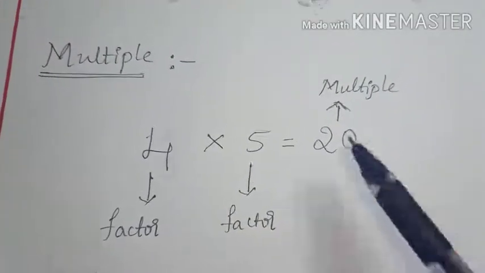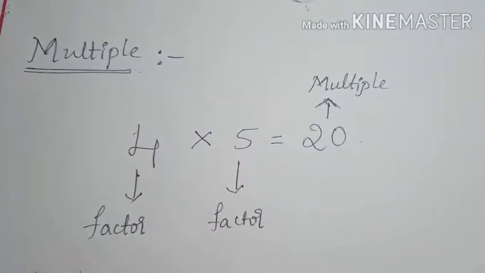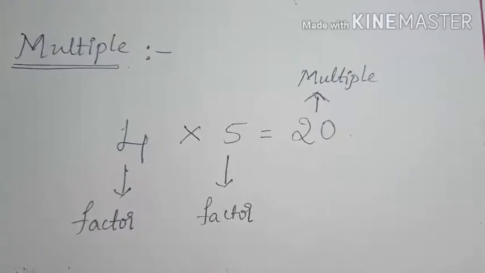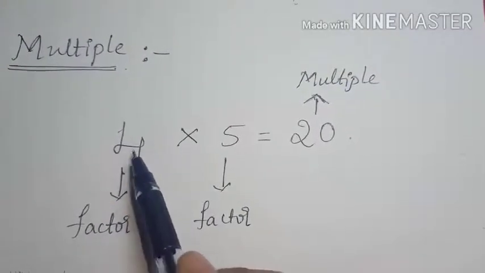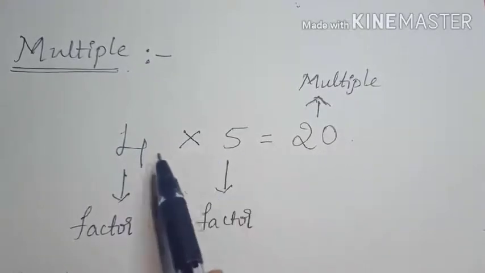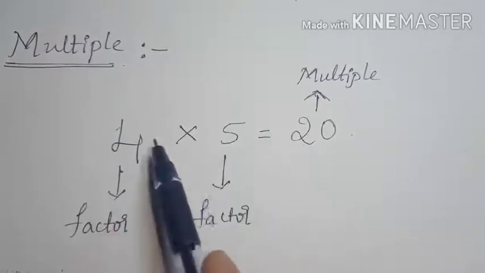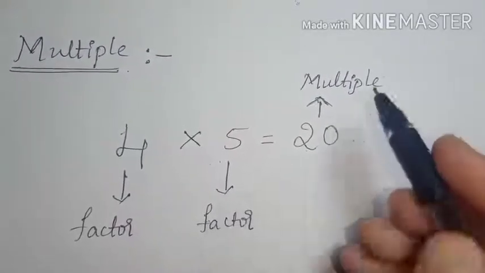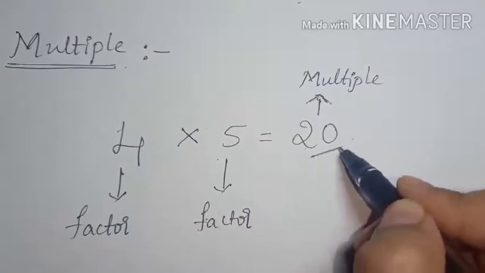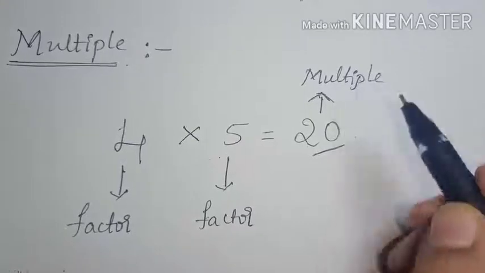Let us have a look at multiples. If it is more than one, then it is called multiples. When we write 4 5s are 20, here the multiplier and multiplicand are the factors, and the answer you get, the product, is called the multiple.